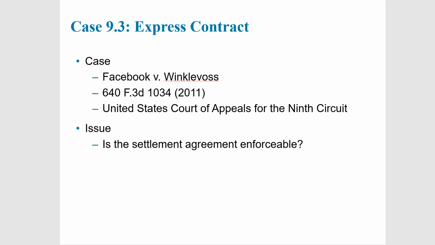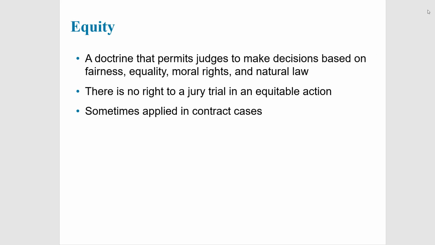The court thought that the Winklevoss twins were sophisticated investors, that they had adequate legal representation, and that there wasn't anything off about the settlement agreement itself. So they enforced the agreement and did not allow them out. If they had been able to actually prove fraud, then that's the kind of thing that would allow them out of that settlement agreement contract.